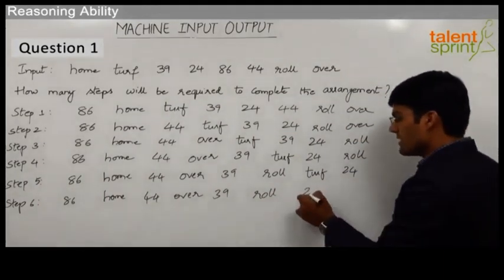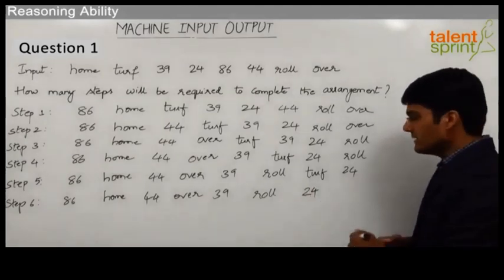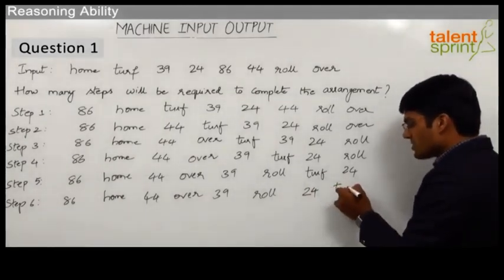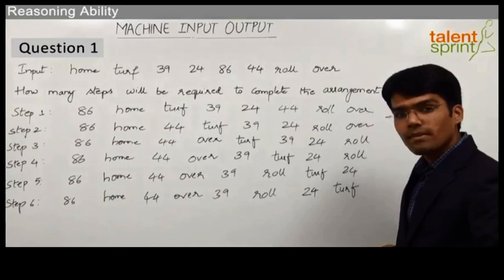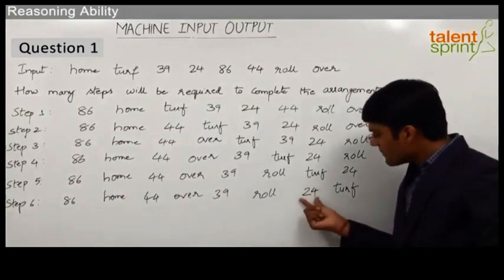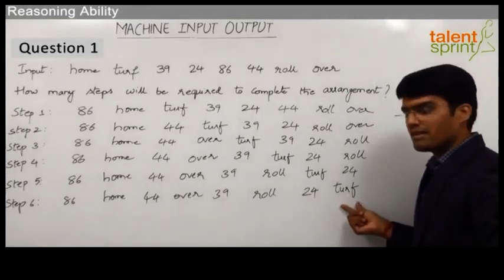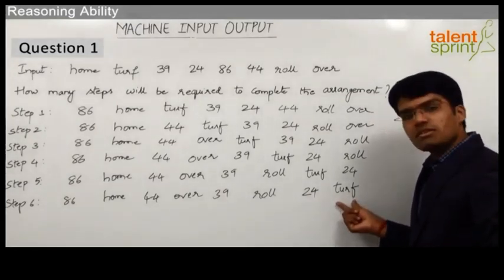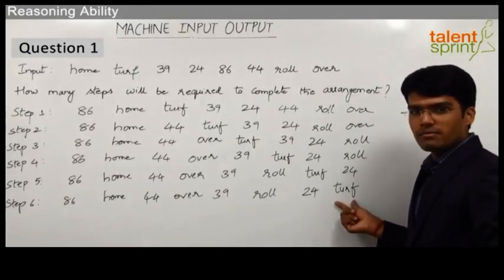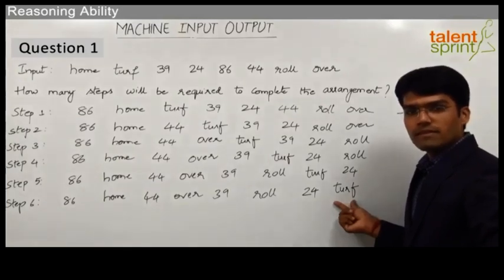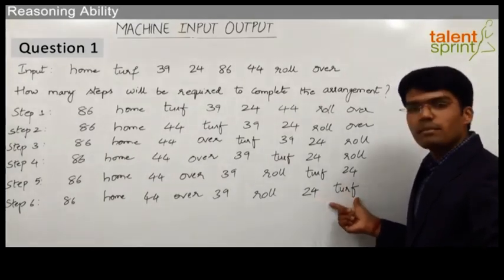So let us bring 24 to the 7th position, and turf takes position number 8. And since after 24 we need to have a word, and that word must be turf itself, there is no need to change the position of turf. It has already been put in the correct place. So this step completes the rearrangement.